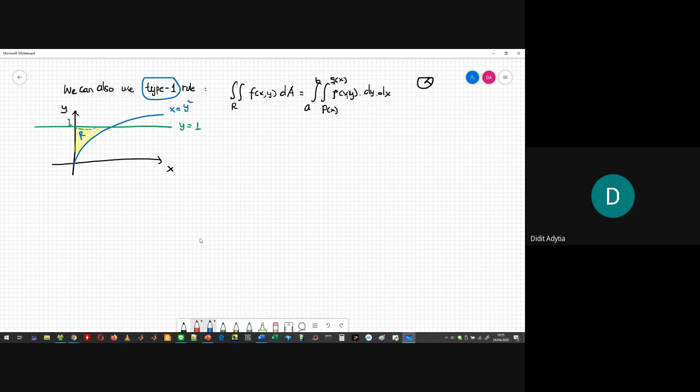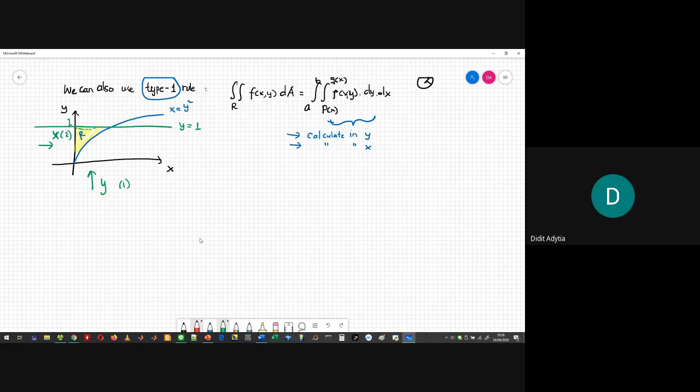We'll use type 1. Artinya di X dulu. Okay. We calculate in Y direction first, and then X, okay? Jadi seperti apa? Jadi seperti ini, okay? So we calculate first in the Y. This is first one, and with respect to X. This is the second one.